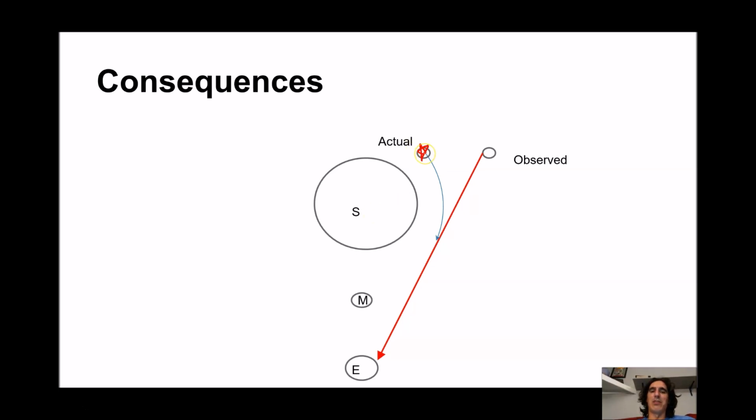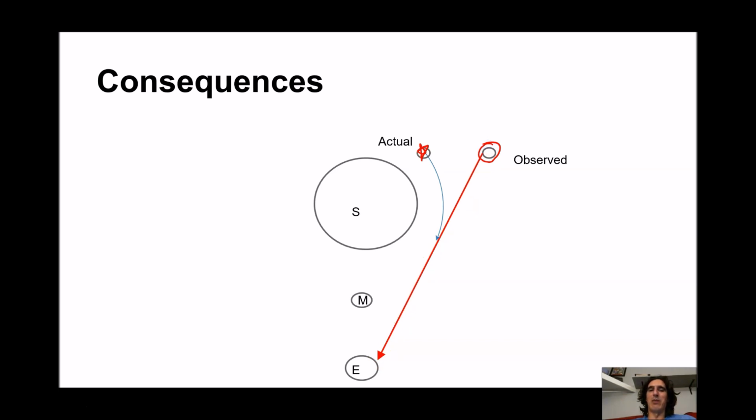So as the light travels from the star, it's going to, in theory, curve around space due to the mass of the Sun. Eventually it's going to reach Earth, and then we observe light as it travels in a straight line. So when we observe the light, it's going to appear in this location right here.